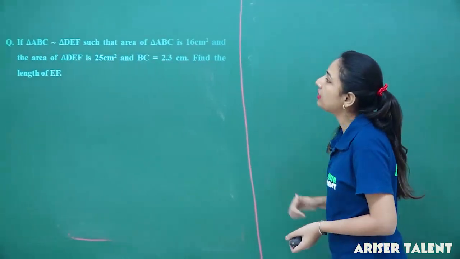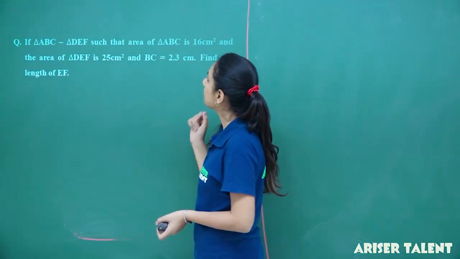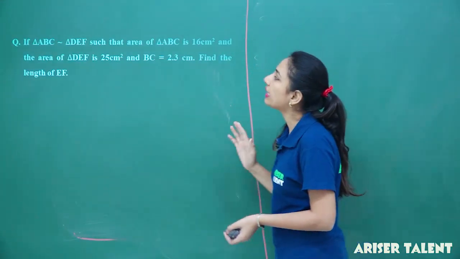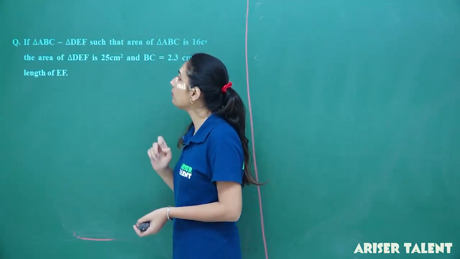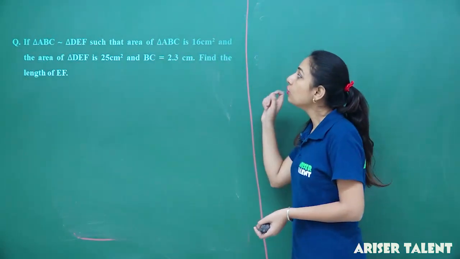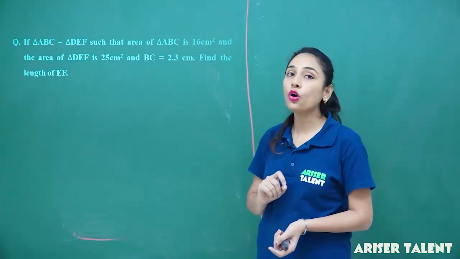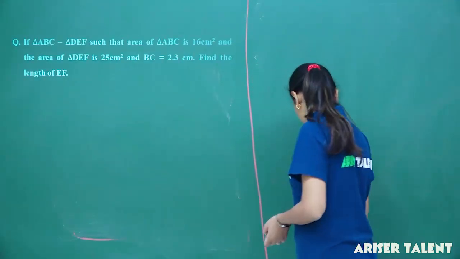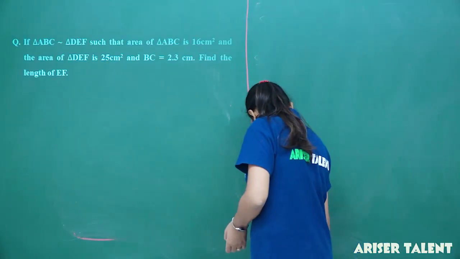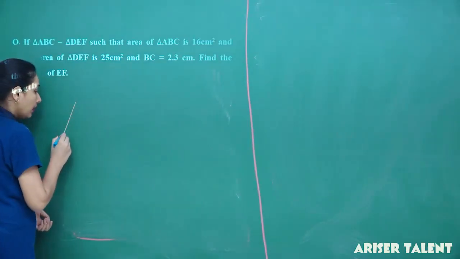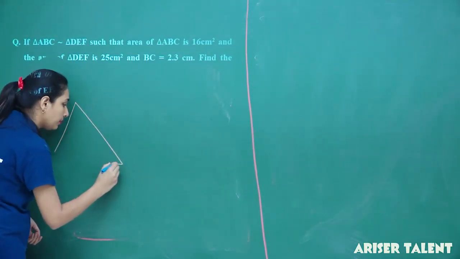If triangles ABC and DEF are similar such that the area of triangle ABC is 16 centimeter square and the area of triangle DEF is 25 centimeter square, and BC equals 2.3 centimeter, find the length of EF. Now understand this question.